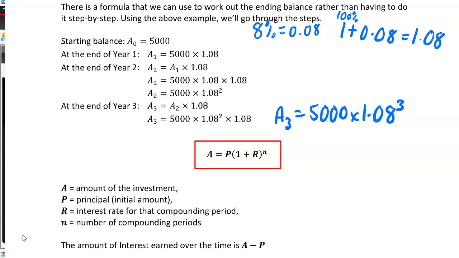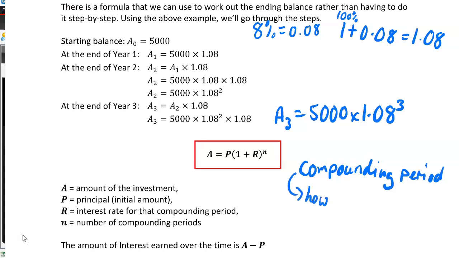And N is saying how many of these compounding periods we have. Now, compounding period, think about it as being how often we calculate interest.